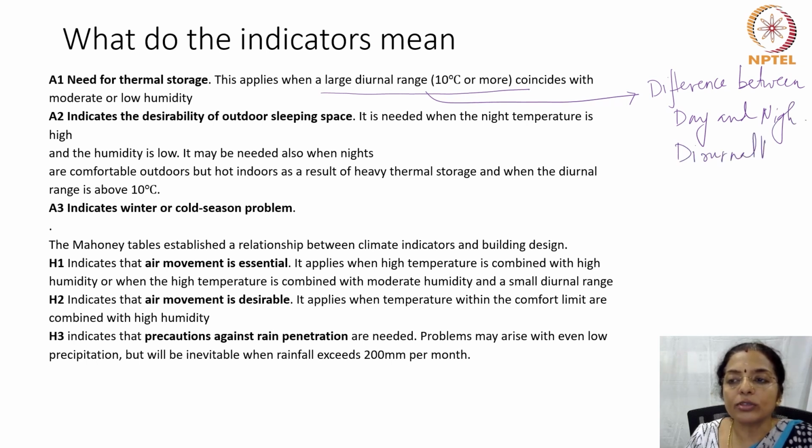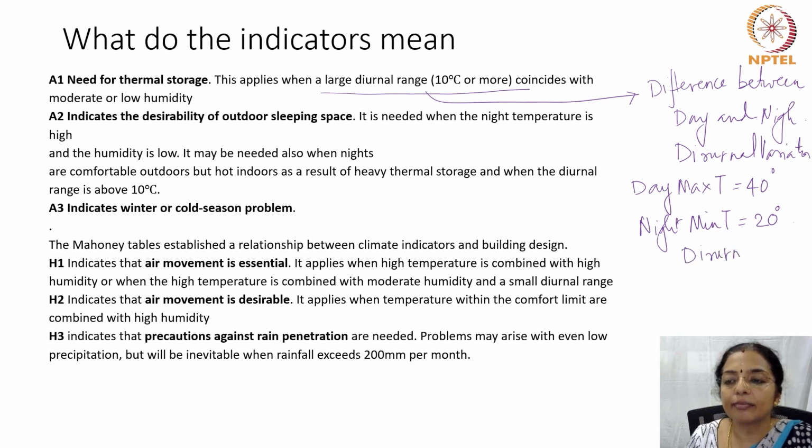Suppose the day maximum temperature is 40 degrees and night minimum temperature is 20 degrees. Then the diurnal range is 20 degrees. So this is diurnal range.